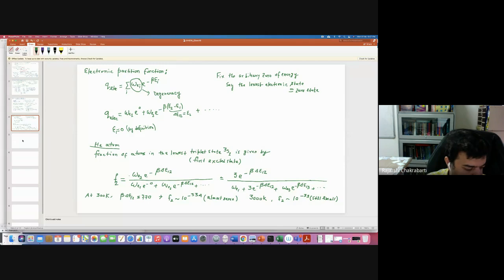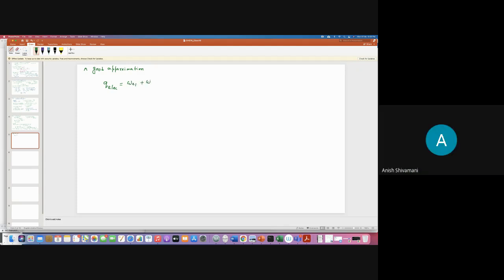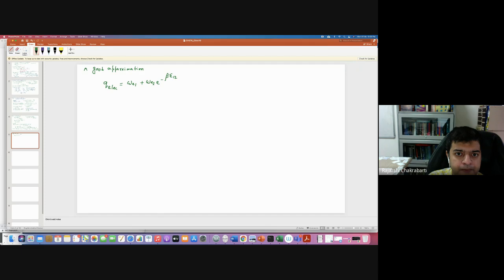It suggests that a good approximation of this electronic partition function is omega e1, and the other term with delta epsilon 1 2 may not be required, depending on the system.